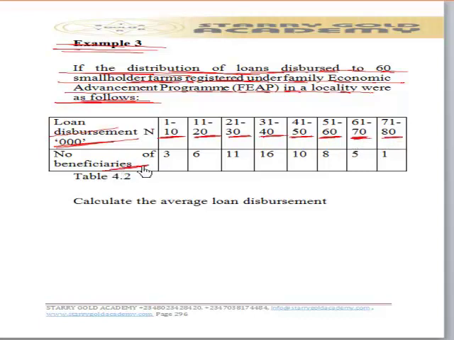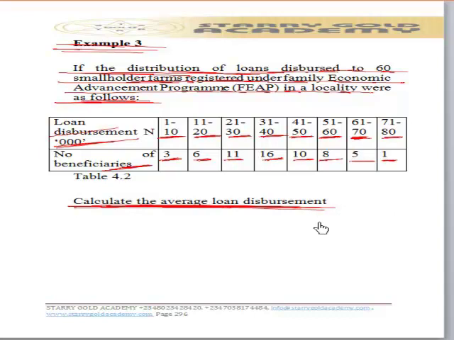Then we have number of beneficiaries, which include 3, 6, 11, 16, 10, 8, 5, and 1. The question now is, calculate the average loan disbursement.